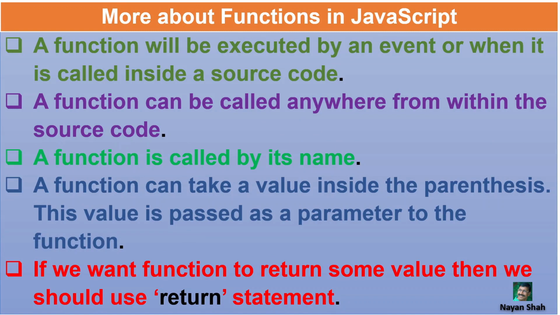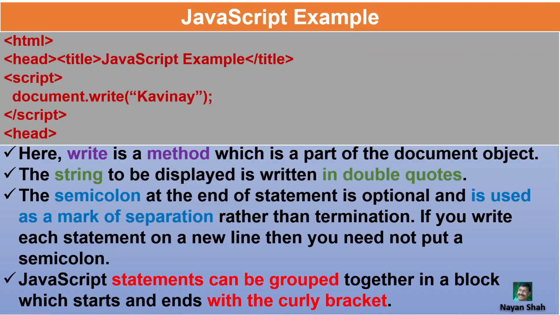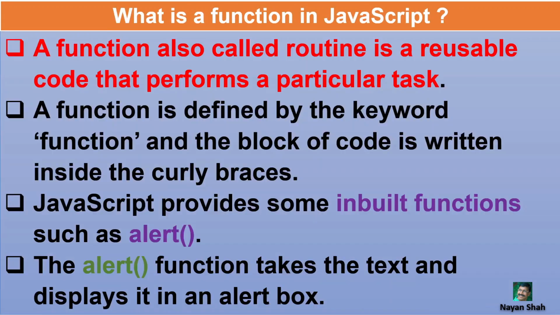So while calling a function, we pass some parameter. Those parameters go to the original function, and then the function will do some action on that value. Here in this example, we are passing a string to the function write, and what the write function will do to that string is display it on the web page or on the screen.